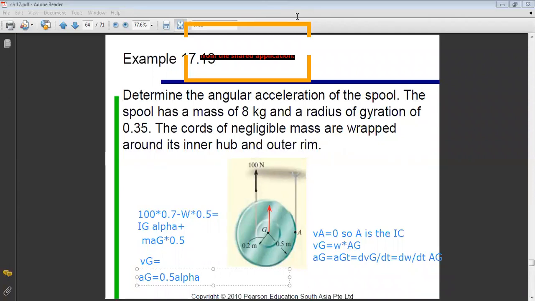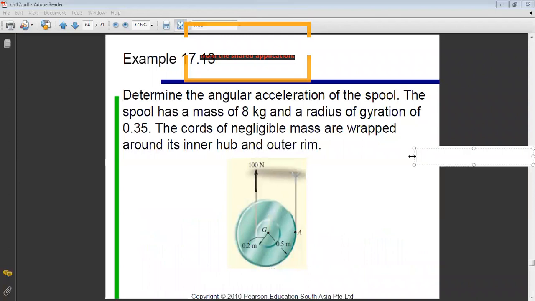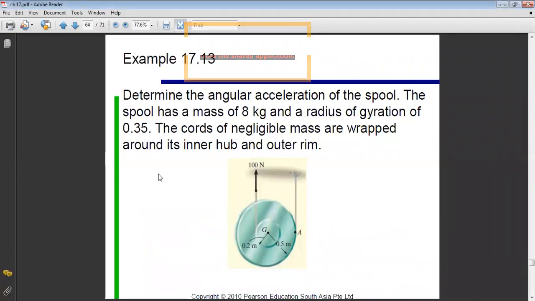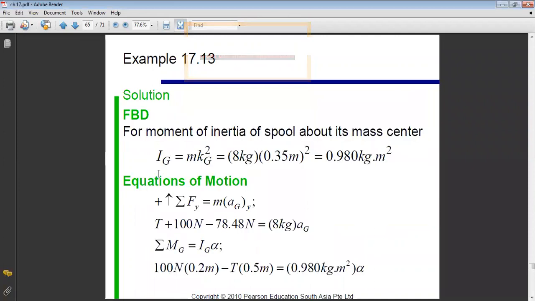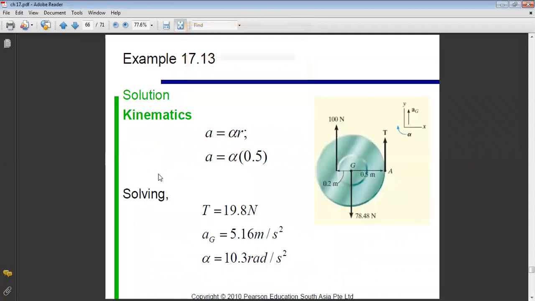Okay. So let's do another problem. If you don't do sum of moment about A, and instead do sum of moment about G, then you will have an additional unknown. What is your additional unknown? The tension.